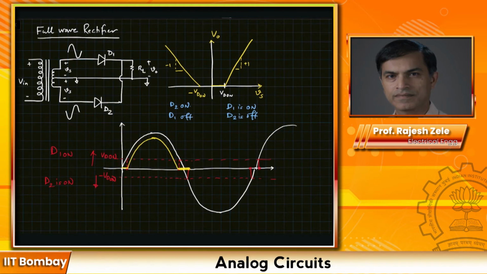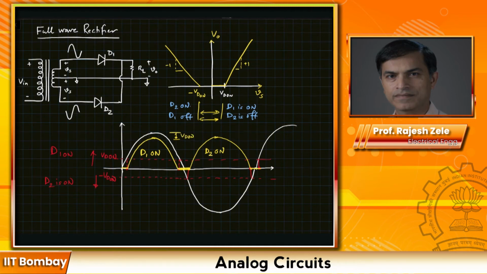Whenever you are in this range of voltage, both the diodes are turned off, and let me write here, this is diode D1 is on. Now comes the interesting part. You just have to convince yourself again that the output will look like this. This is then diode D2 is on.